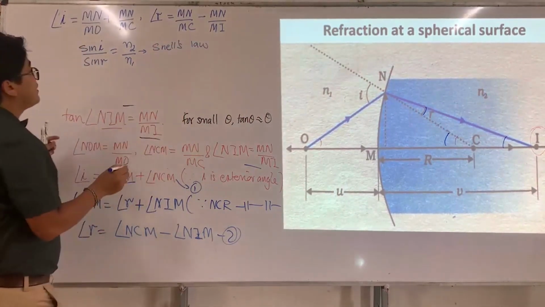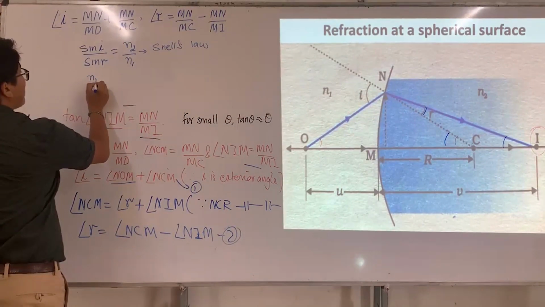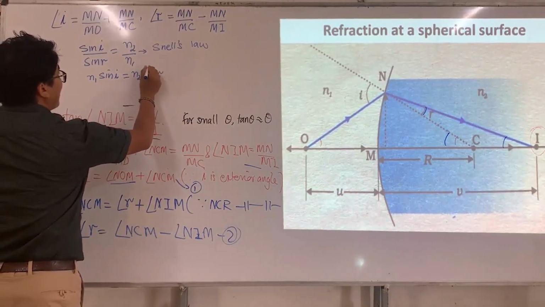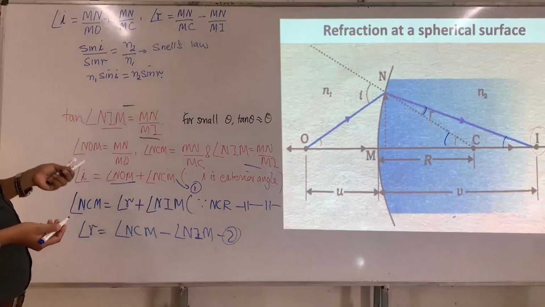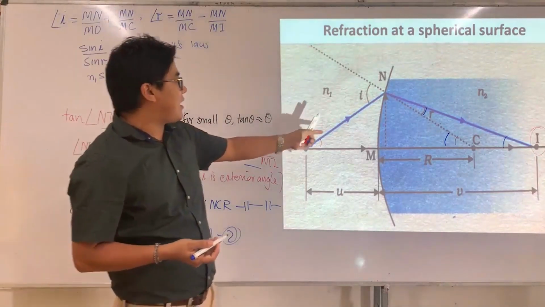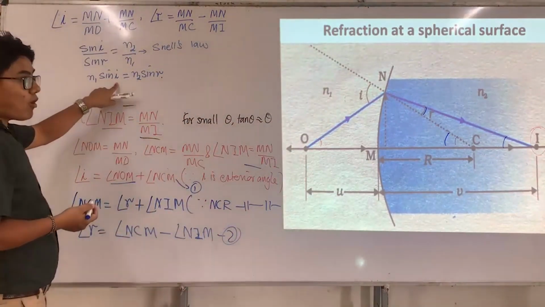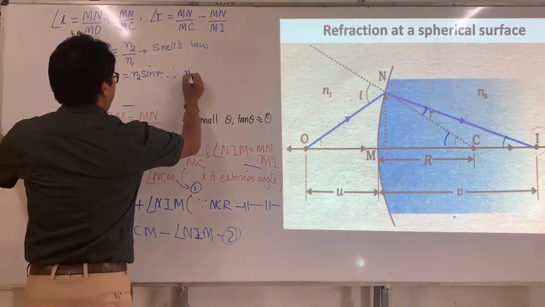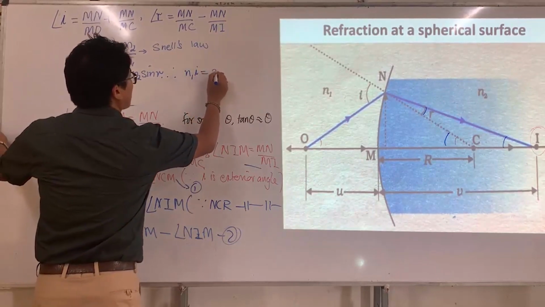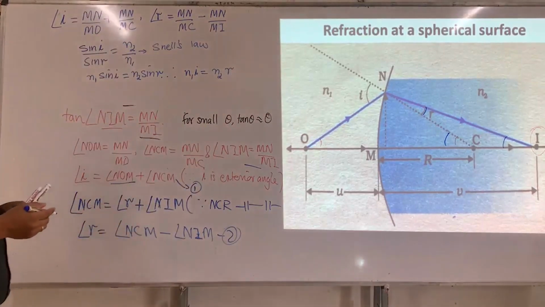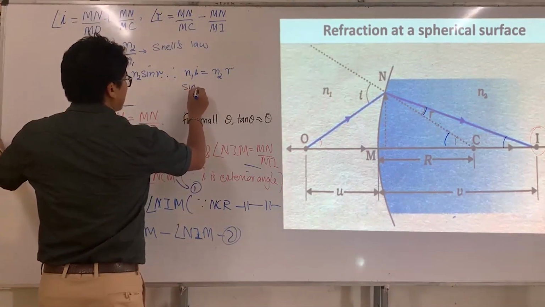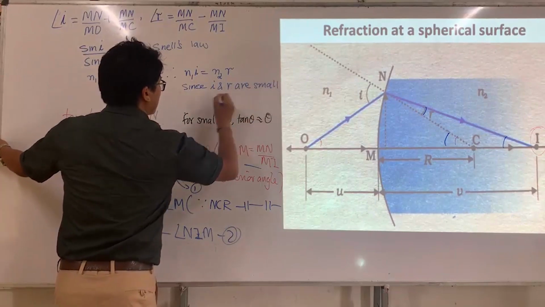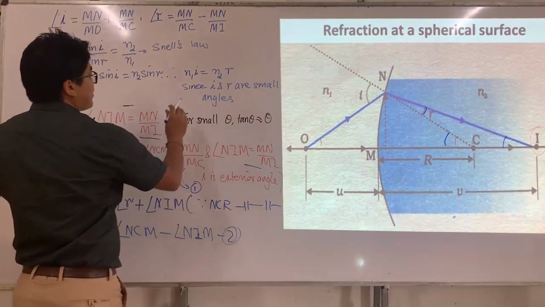So I simplify this: N1 sine I equals N2 sine R. Again, for small angle I, since the ray we consider is the paraxial ray, I is very small, R is very small, therefore we can rewrite this as N1 I is equal to N2 R, since I and R are small angles.